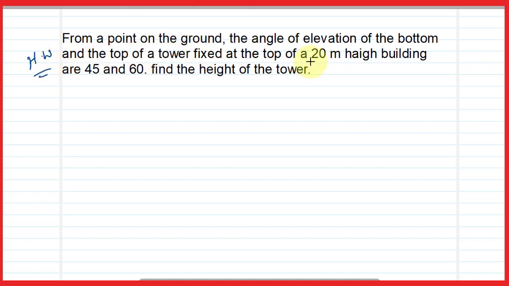From a point on the ground, the angle of elevation of the bottom and the top of a tower fixed at the top of a 20-meter high building are 45 degree and 60 degree. Find the height of the tower.